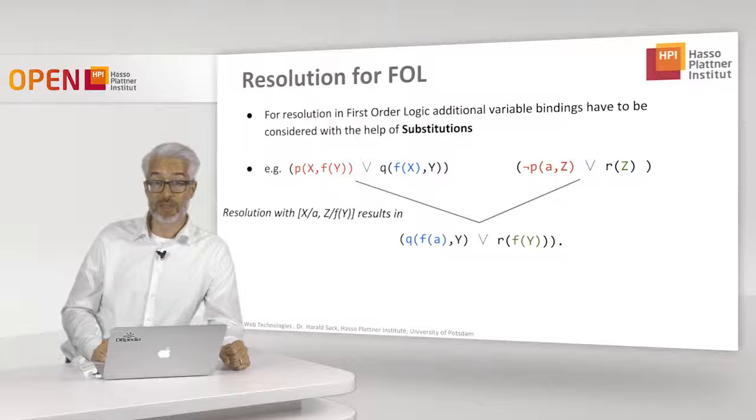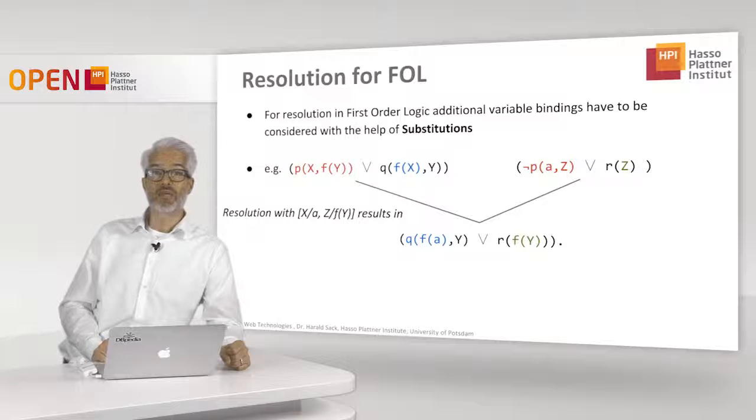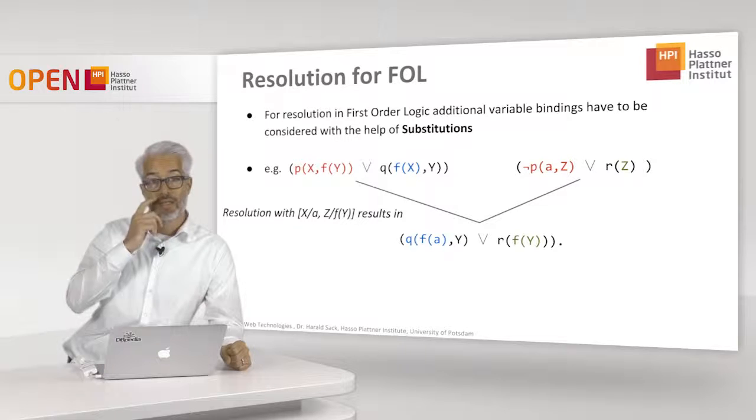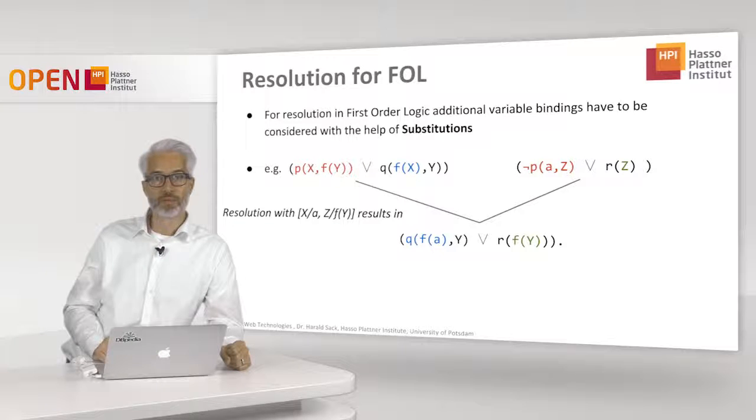But of course you have to take care to make this substitution everywhere. It means every occurrence of x, also in the f of x, has to be substituted by the constant a, and every occurrence of z has to be substituted by f of y. So this would be the resolution for first-order logic.